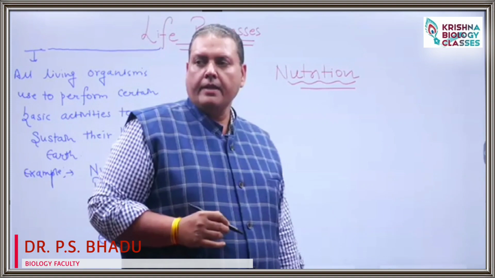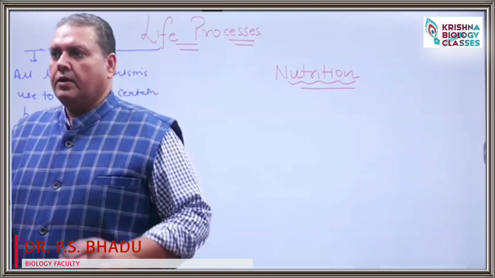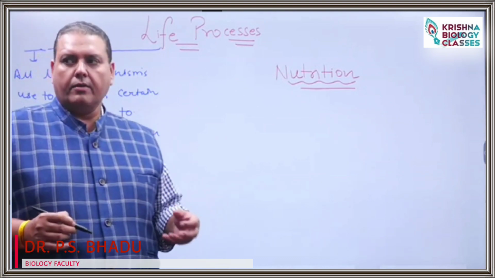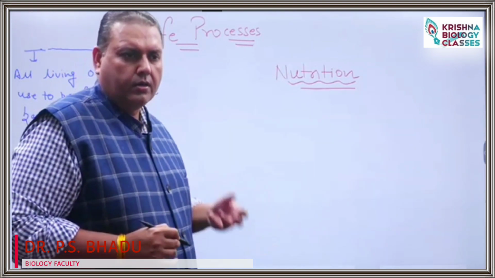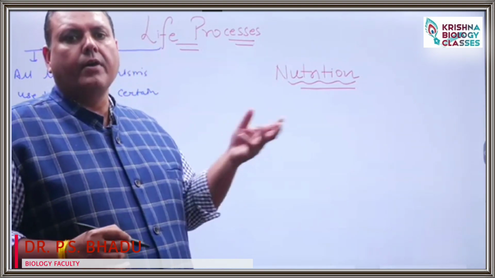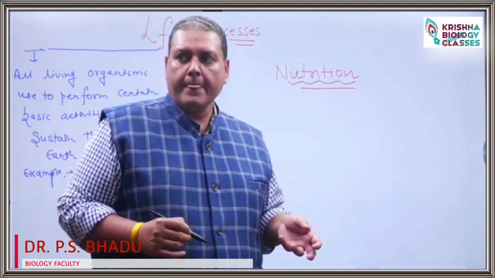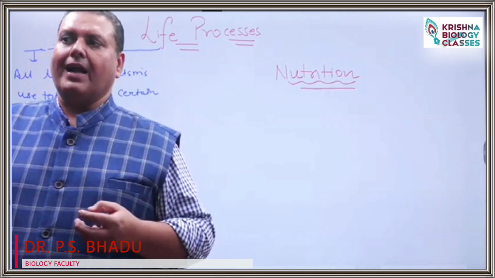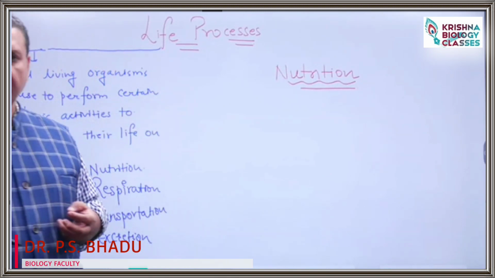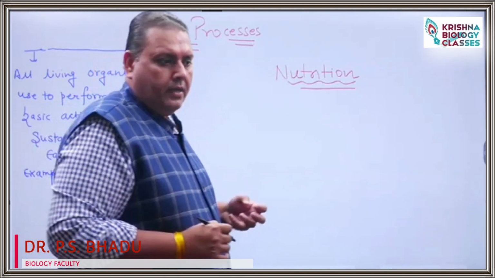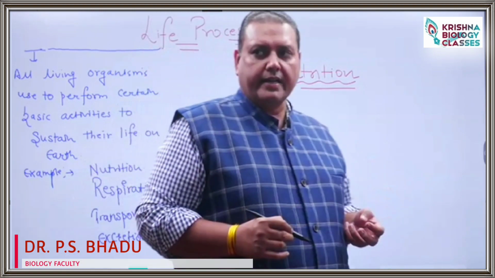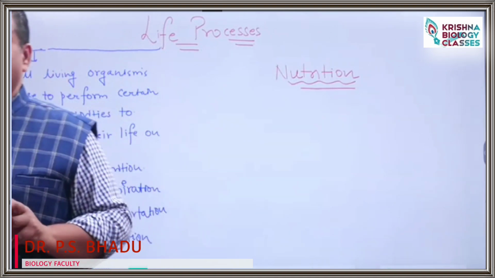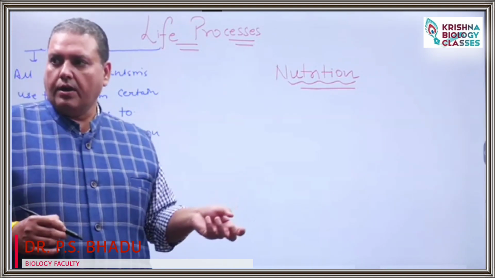Now, we all know that whether it is a cow, dog, human being, even plants, to sustain our life we require a consistent supply of energy, and this energy is generated inside the cells of our body by the oxidation of glucose.